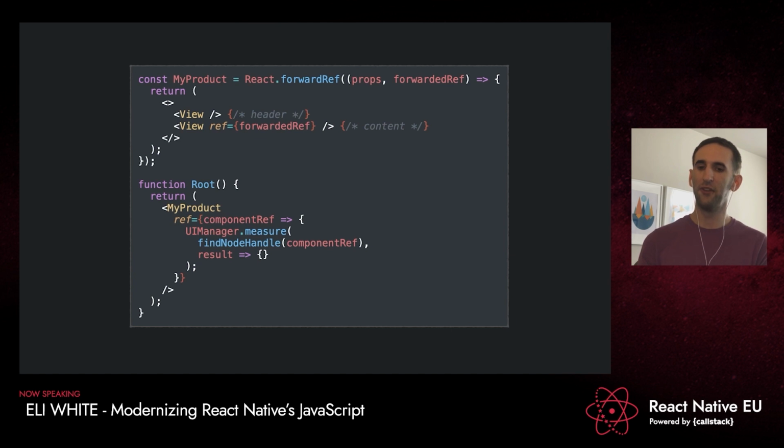So now when you attach a ref to my product, you're getting the ref to content and not a ref to the JavaScript view. And now that component ref in root is actually a native component ref, we no longer need to call findNodeHandle. We already have the ID for the native view, which means that we don't need to call UI manager measure either. We can just call component ref.measure. This is much cleaner, much nicer to work with.